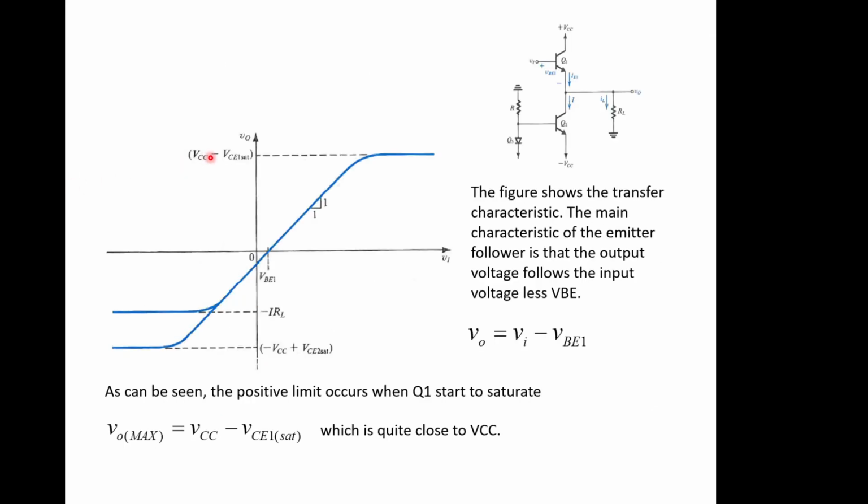And if you looked at the characteristics of this in both directions, you will start to see that we get this common collector type of stage going on. So this voltage here will always be about 0.7 of a volt less than the input voltage here, and we get a gain of 1. So this is a current amplifying stage. Eventually we'll get to the point where the maximum output voltage here is based on the saturation voltage of this.